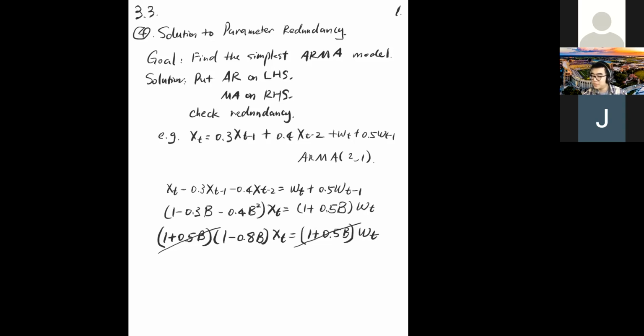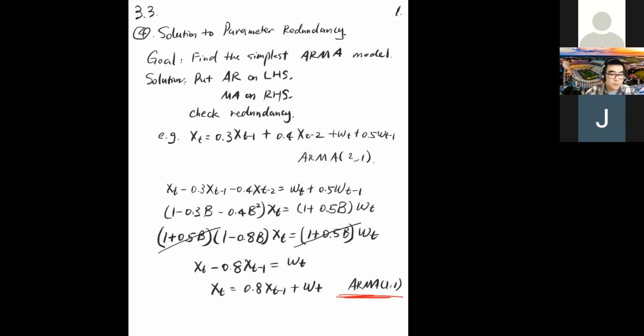So that means these two terms can cancel out, and we actually do have a parameter redundancy problem here. Okay. So the reduced model now is xt minus 0.8 xt minus 1 plus wt, and this is just an ARMA(1,1) model. And we want to choose this as our final model.